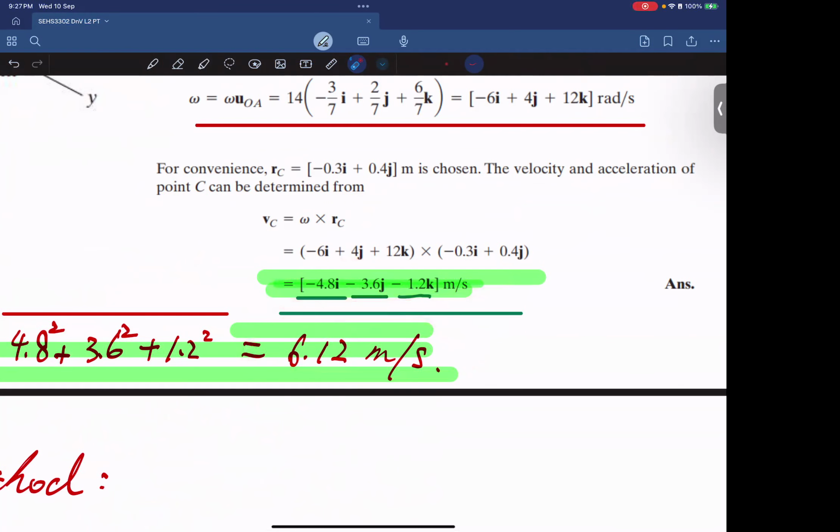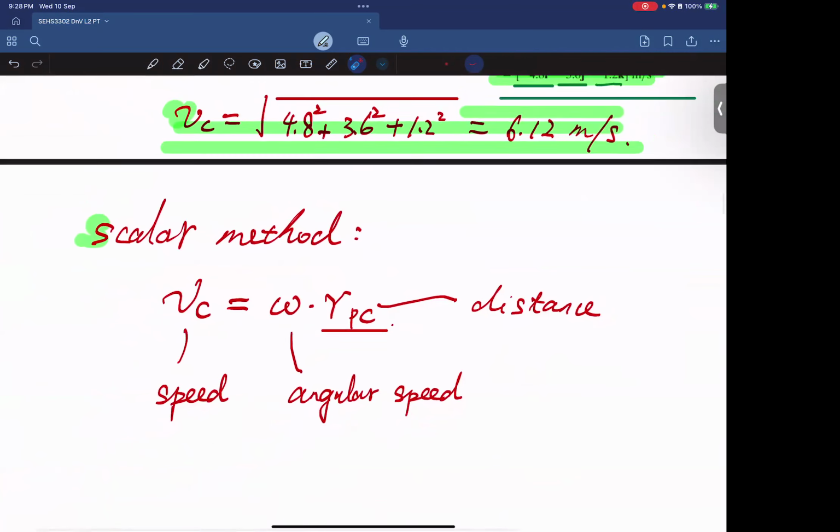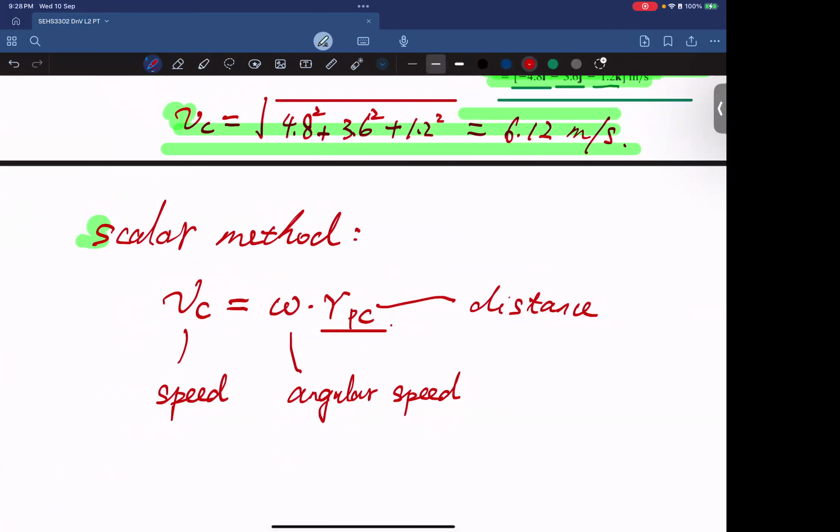Firstly, with the vector method, we can find the vector VC. And after that, we can interpret the magnitude of VC, which is the speed of point C. So we just substitute the speed here. Point C speed is 6.12 meter per second.